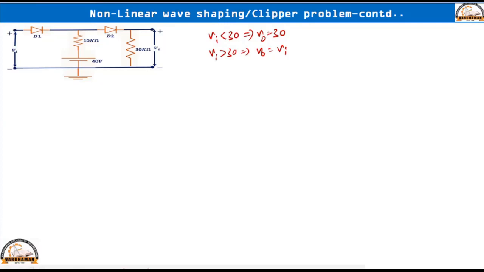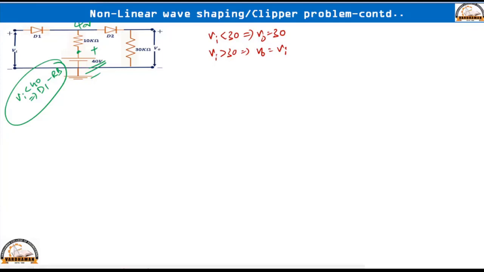Here one thing you have to observe: the problem is over, but I will spend some more time on this particular problem. See carefully, do not think that since 40 volts is available, the inside voltage is 40. When input is less than 40, diode D1 is under reverse bias. This is a wrong approach. 40 volts is available from this node to this node.